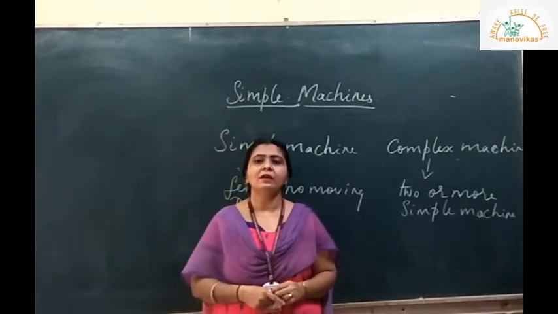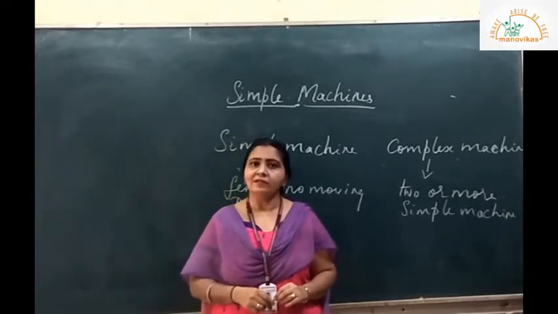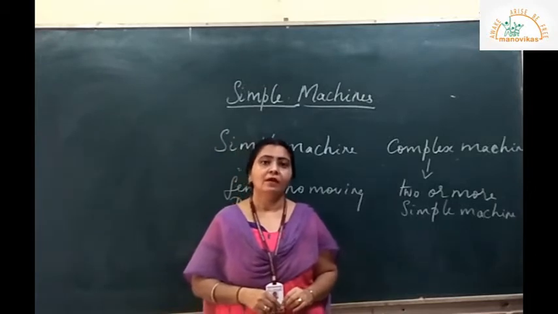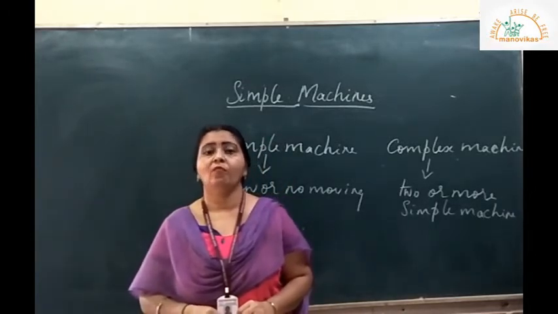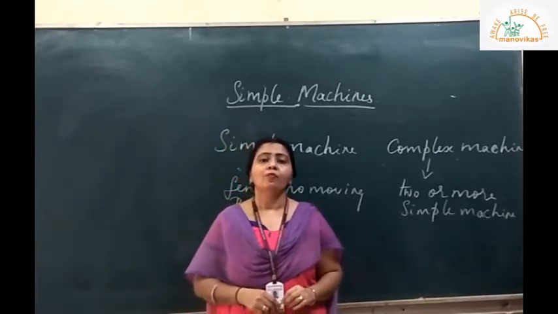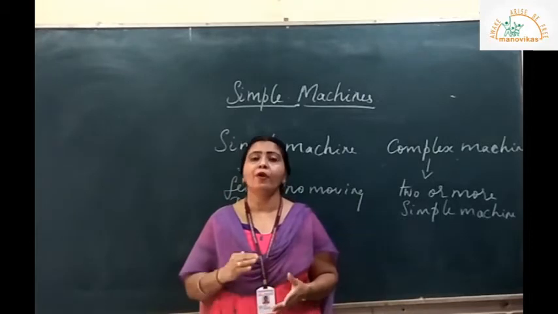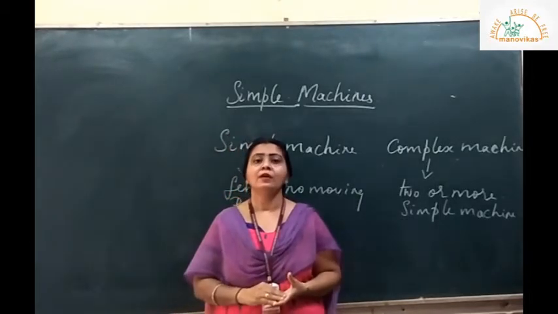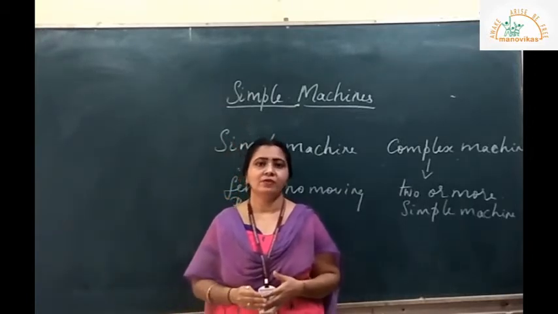Now let us see what work is. In science, the word work has a different meaning. Work is done when a force is applied on an object or a body, and the body moves in the direction of the force.